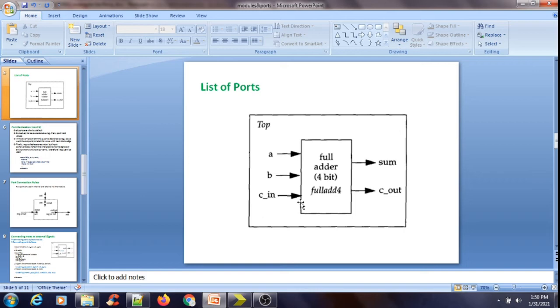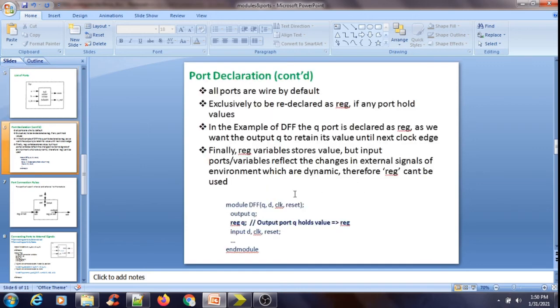That's it. That is why we should be cautious whenever we are declaring input ports or output ports.